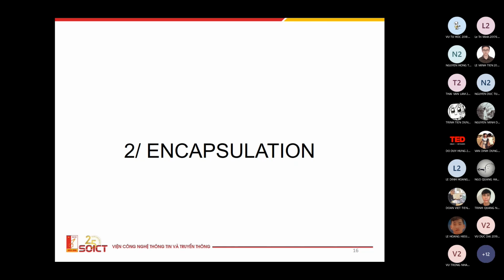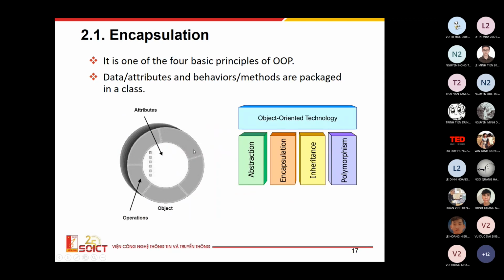Okay, so now we go to the second part of this lesson about the encapsulation. Okay, so what is encapsulation? We know already, yeah. But now we will go more deeply how we use the encapsulation and what is the more deep meaning. This is again abstraction, one of the four basic principles of the OOP.